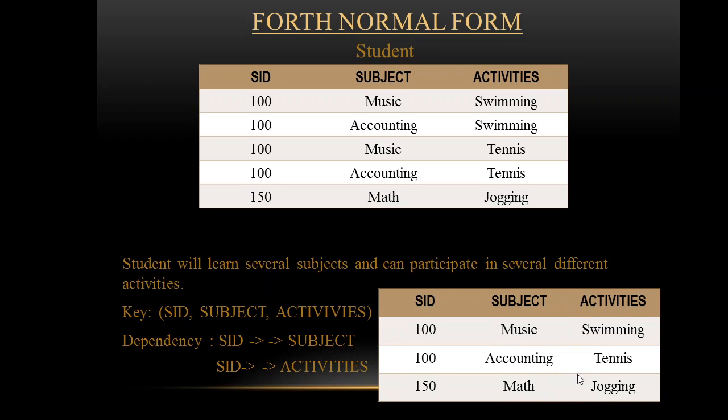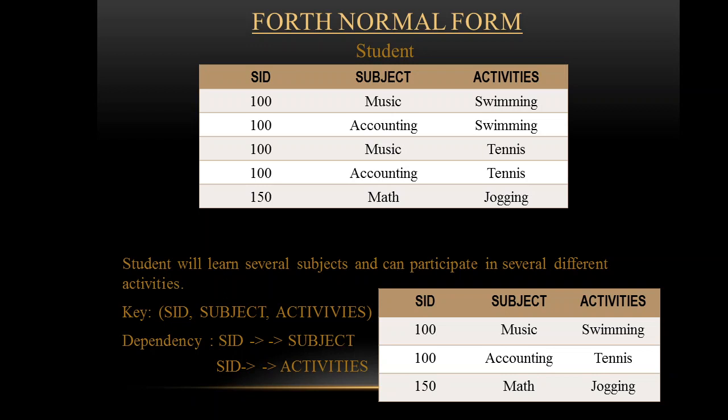Now this information is misleading, in the sense that it represents that the student will perform swimming activity only and only when he is learning music. Similarly, the student will play tennis only and only when he is learning accounting. This is misleading because the subjects and activities are completely independent of each other.